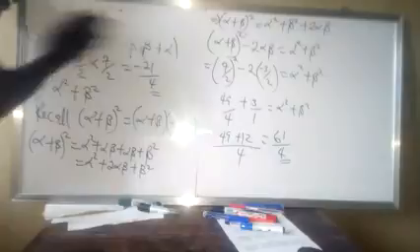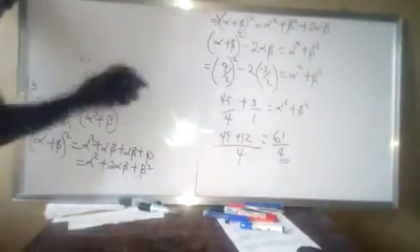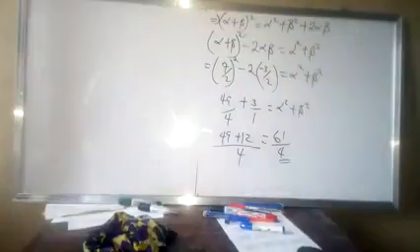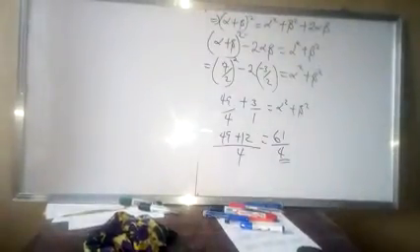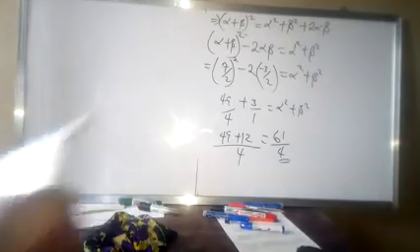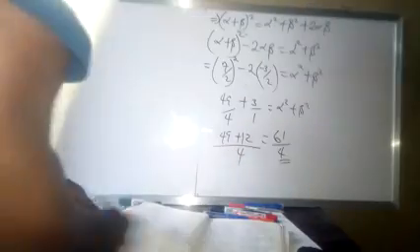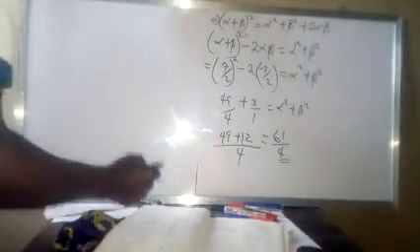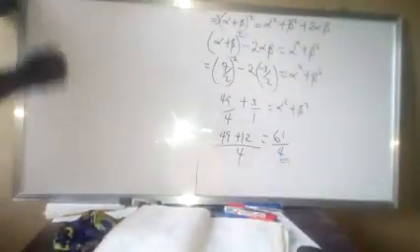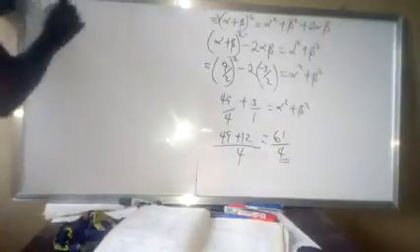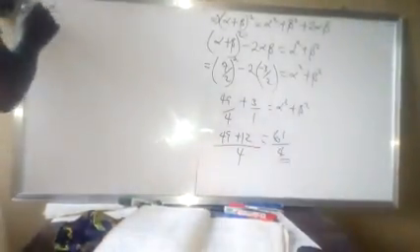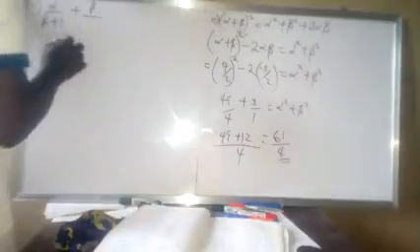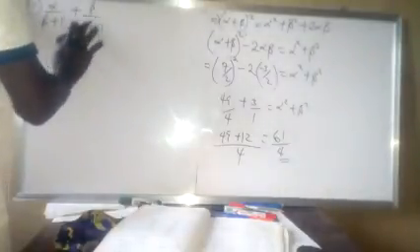Now the last question, we are asked to find the value of alpha all over beta plus 1, then plus beta all over alpha plus 1.